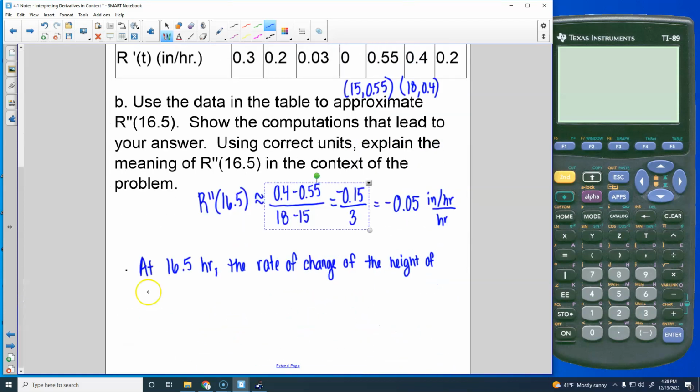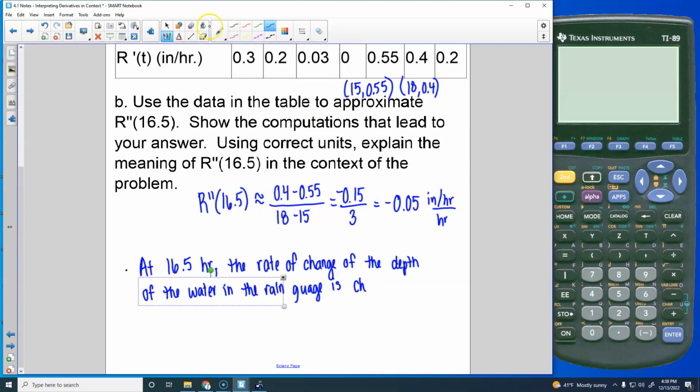Depth, let's use the word depth. The depth of the water in the rain gauge is changing, or let's say decreasing because it's negative.